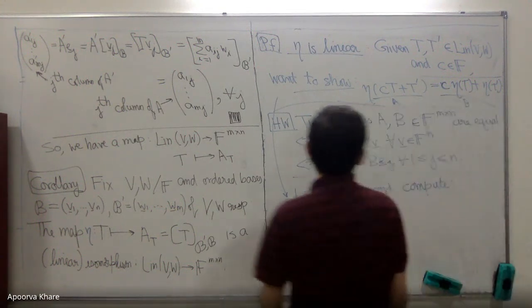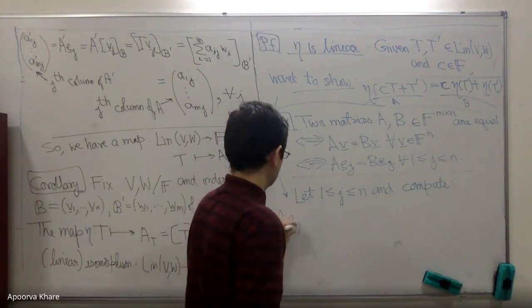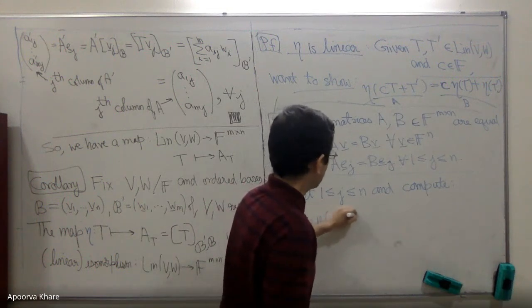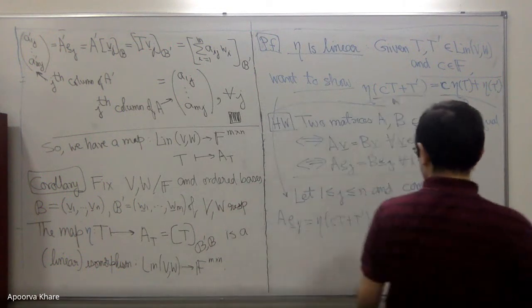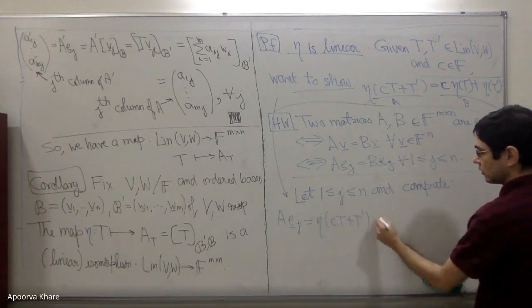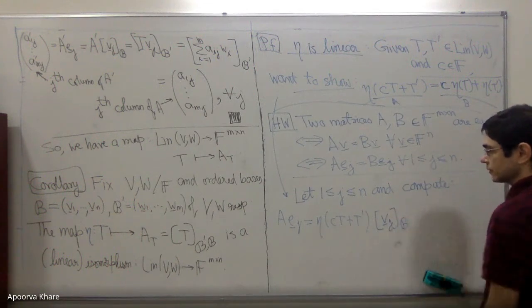Let's compute. So A times ej is eta of Cp plus T prime applied to ej. But what is ej? Ej is precisely Vj in this basis.